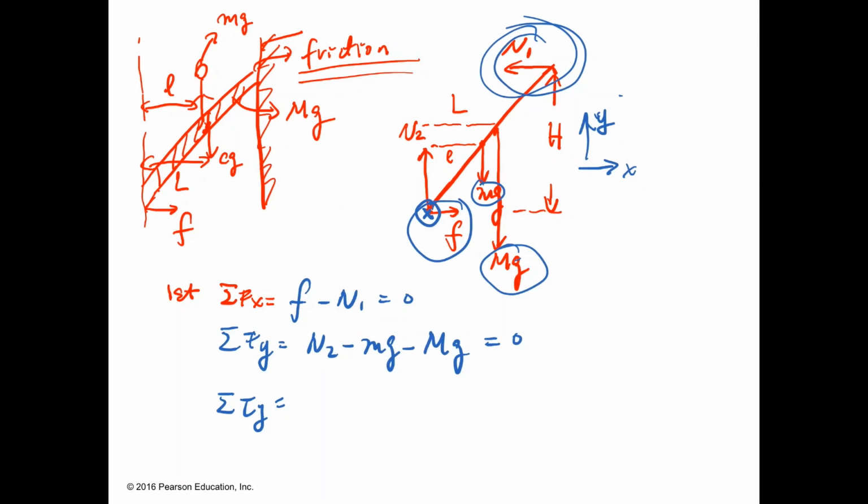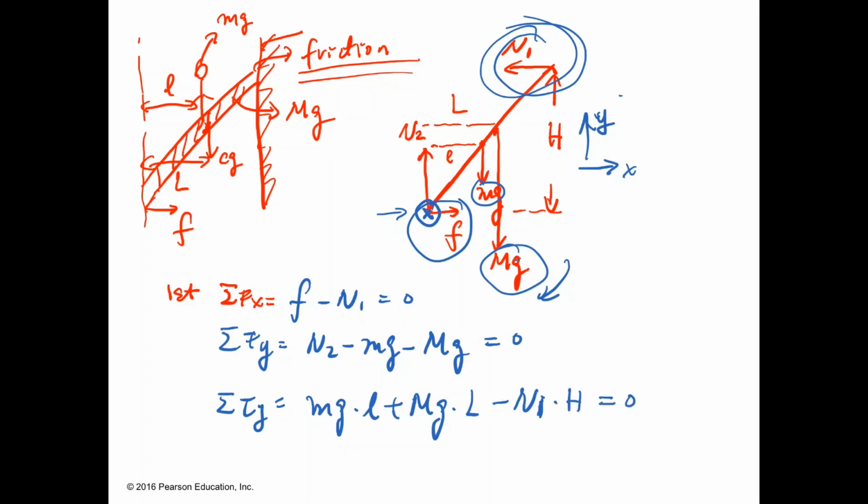So with respect to this reference point, let's say this direction is the positive torque direction. That will be mg times l plus big Mg times big L minus N1, because N1 is a torque working against it, in the counterclockwise direction, times big H, right?